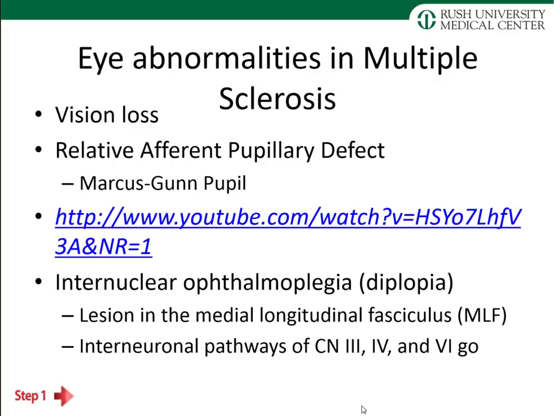And this is called a relative afferent pupillary defect. I would view the video and you can see what this looks like on examination.